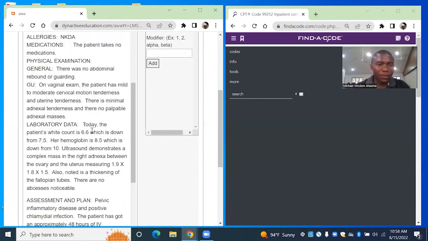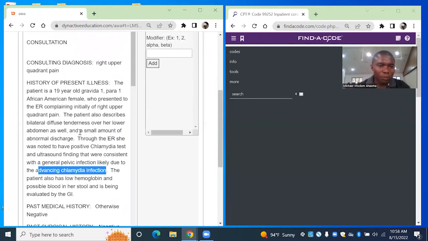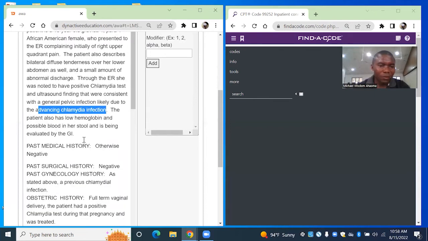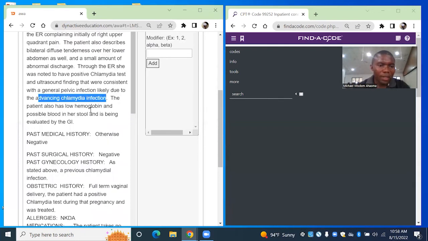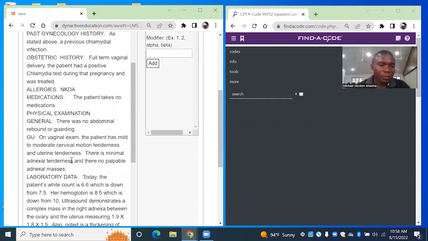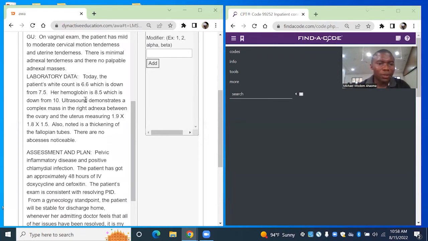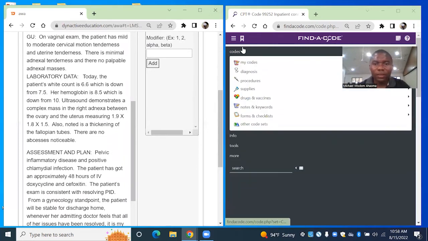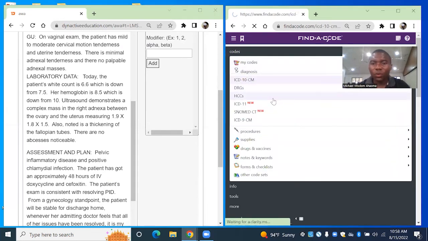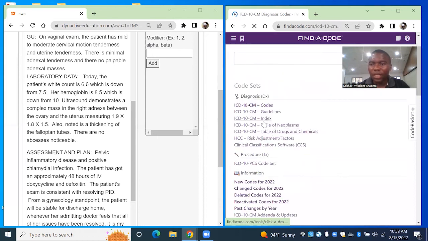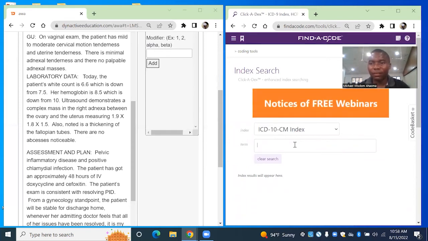Here we can see that during the diagnosis, we noted positive chlamydia, and then we noticed pelvic inflammatory disease. In the assessment, our responsibility as medical coders is to study this record carefully, and then use the code software provided and come to the index search, because I like to use index search since I've used it consistently and am acquainted with it.